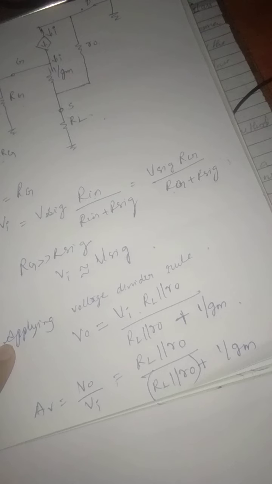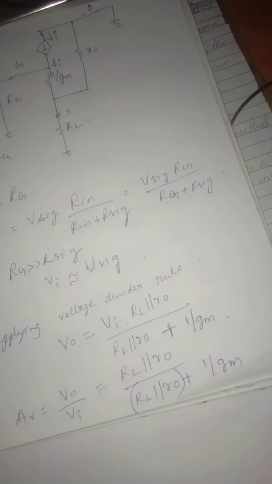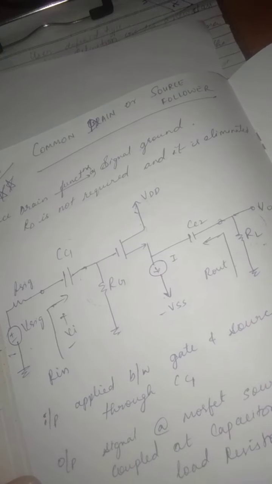Now here when we observe, I want an open circuit gain. So in the open circuit gain, I am going to neglect the RL. That means RL will not be present in the open circuit. So when it is open circuited, RL will not be present. So let me write open circuit gain.